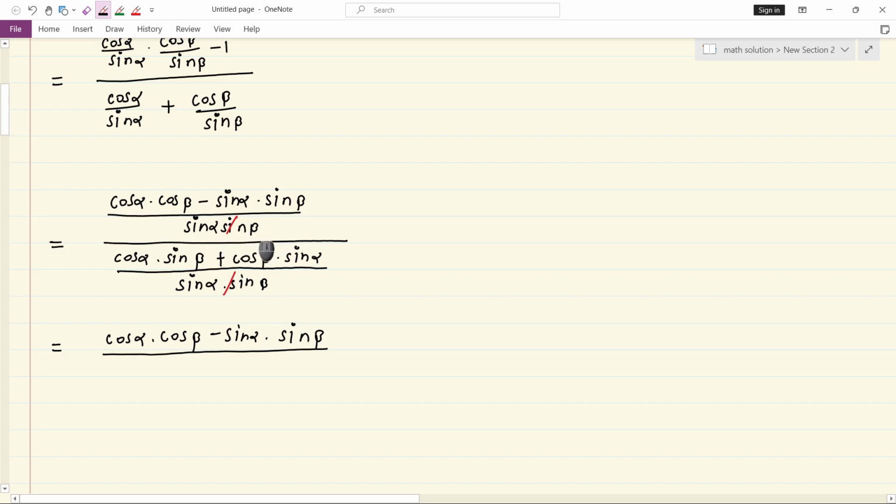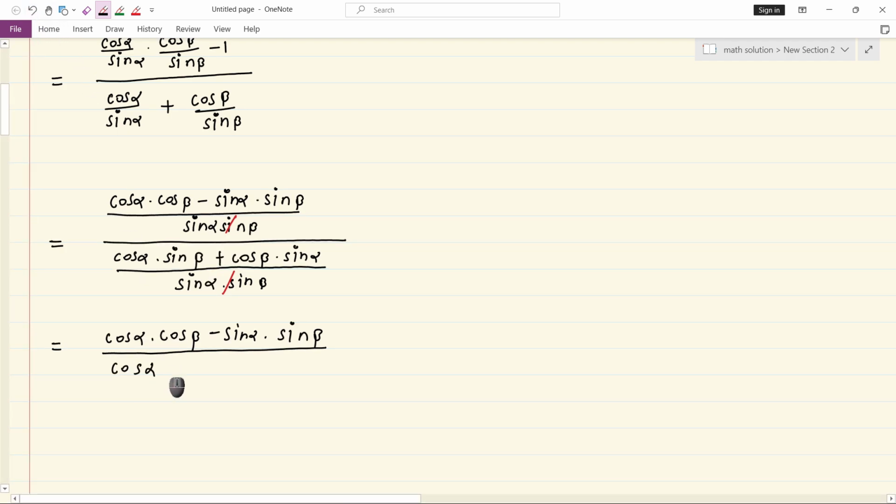You don't need to show it by expanding, you can just simply cancel it here. So there, cos alpha sin beta plus cos beta sin alpha.